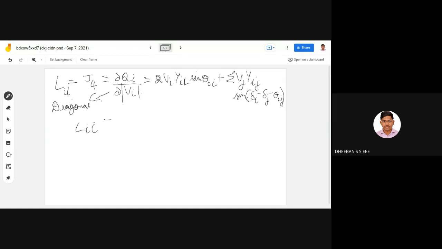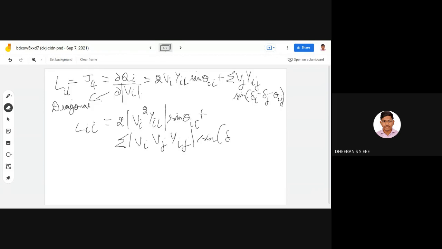So your Lii will be equal to 2 Vi square Yii into sine theta ii, plus summation Vi Vj into Yij, so sine del I minus del j, minus theta ij, okay, so this is for your off diagonal.